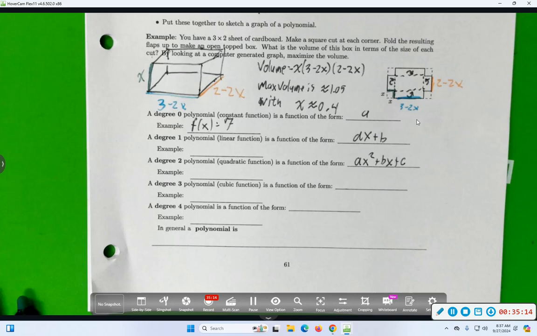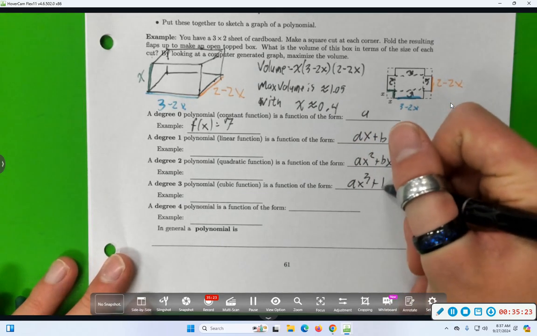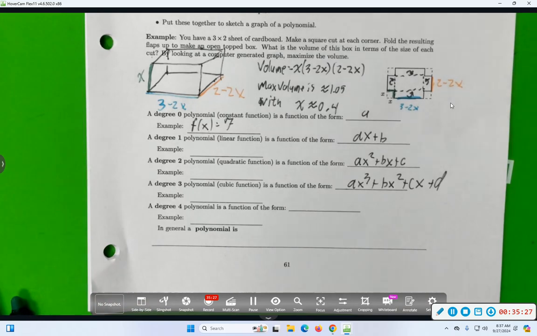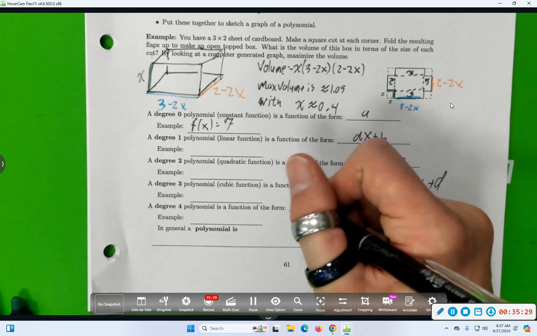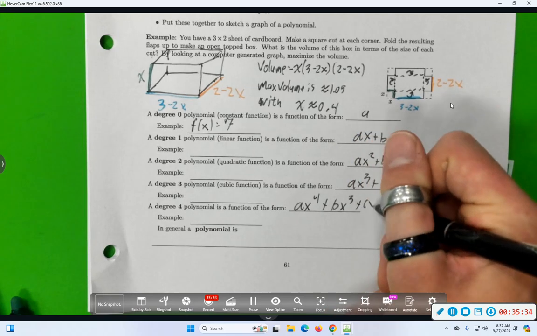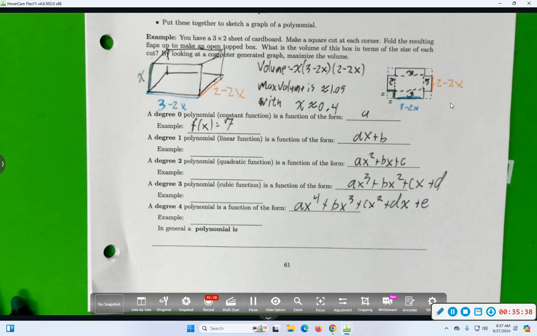What would you want a degree 3 polynomial to mean? ax cubed plus bx squared plus cx, and maybe a constant term too. Degree 4 polynomial, same thing. And you'll notice that the pattern I'm following is going to break down once I get to a degree 27 polynomial. I'll run out of letters.